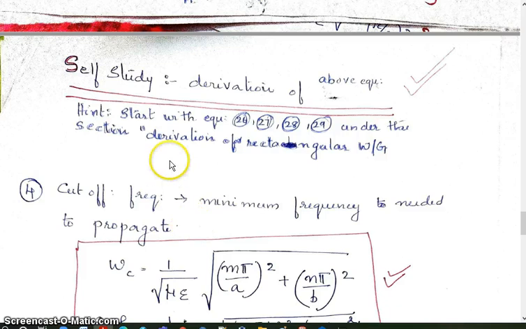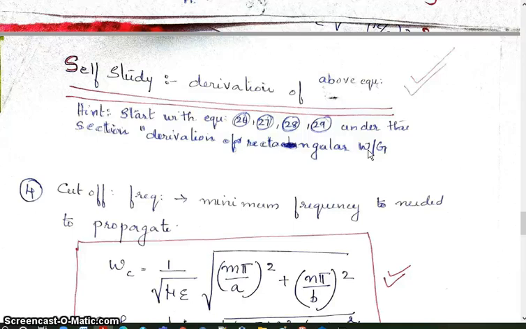The hint is you have to start with equations 26, 27, 28, 29 under the section on derivation of the rectangular waveguide. There is a section where we derived all the components of a rectangular waveguide excluding Ez, in one of the sections that we discussed earlier.